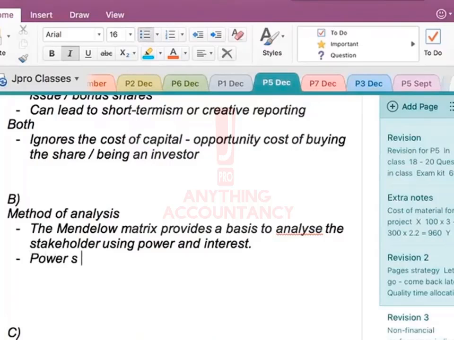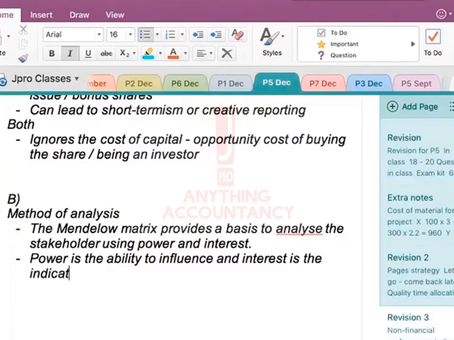Power is the ability to influence, and interest is the indicator to use the power.